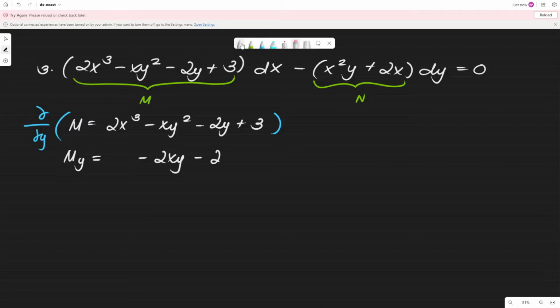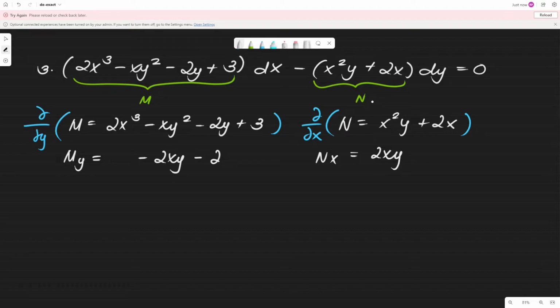Okay, then we have N is equal to negative x squared y minus 2x. So, let's get the partial in respect to x naman. So, we'll have N partial x is equal to negative 2xy. Bakit siya nagkaroon ng negative?